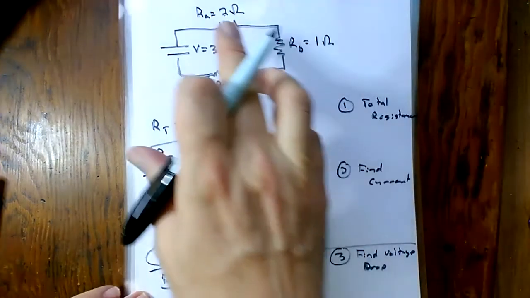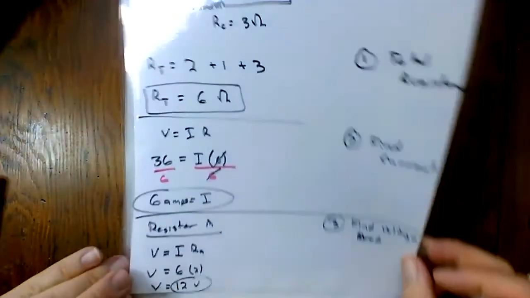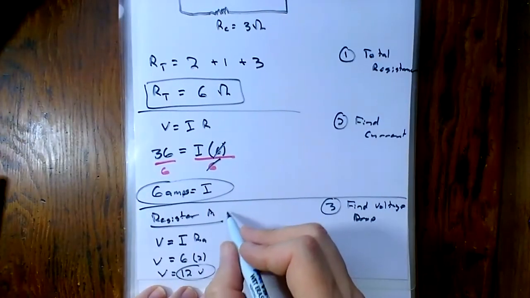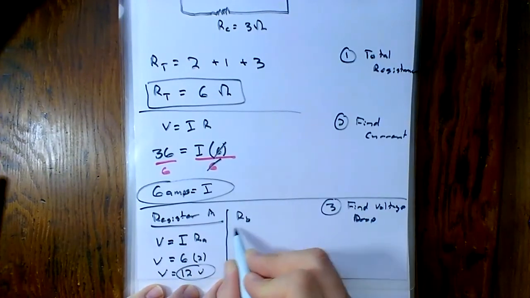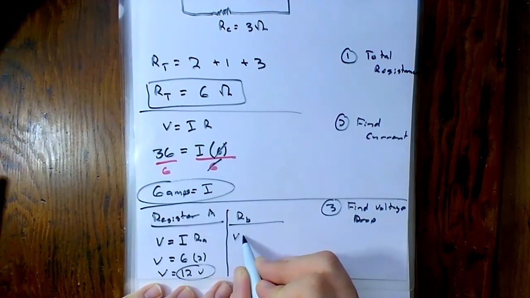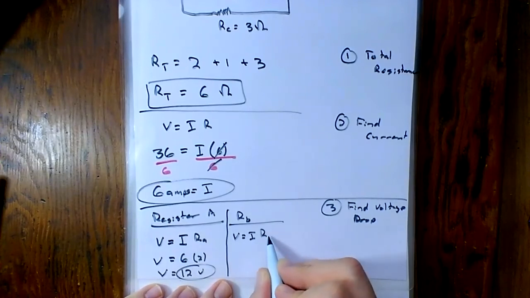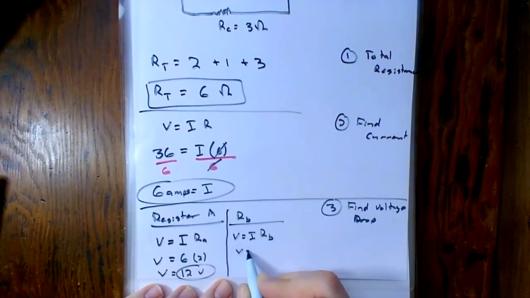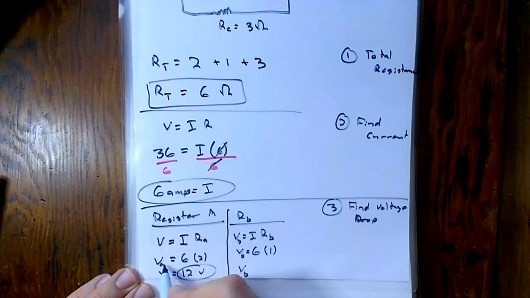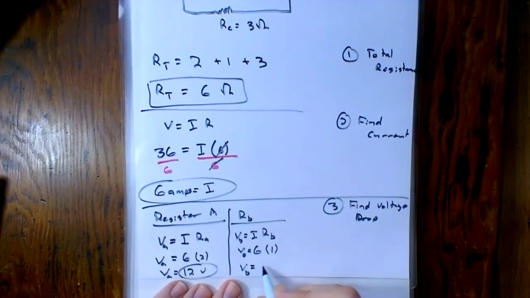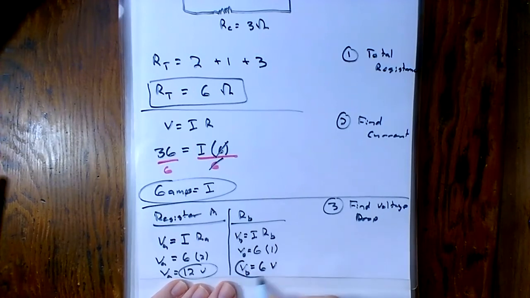Okay, what happens if I don't want to do that one? Well, let's say I want to do resistor B. Voltage is equal to my current times my resistance. So my voltage drop here is going to be 6 times 1. So my voltage drop across B would be 6 volts.